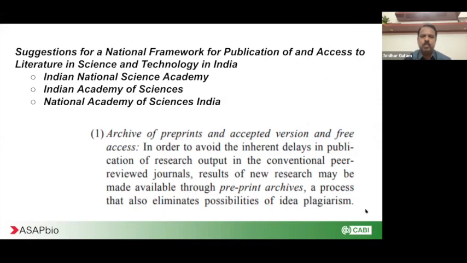They say that preprints can help in more reach, and also eliminate the idea of plagiarism. These recommendations were made by these three academies to the national framework, to the government, and these were the recommendations by the academy itself. And we can see what other researchers are also saying.